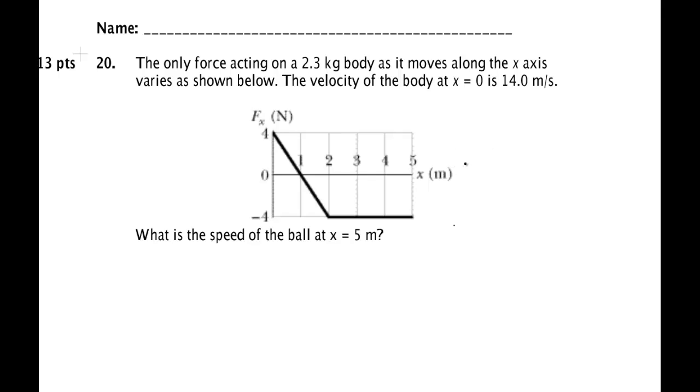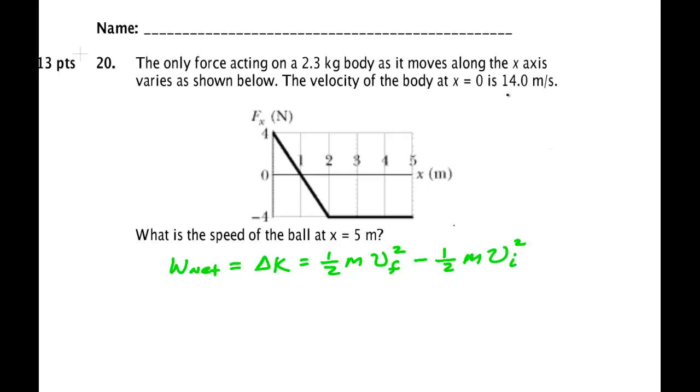So what we're looking for here is the work done, because we want to find the speed of the ball. We know that the net work done on an object is the change in the kinetic energy, which is 1/2 the mass times the final speed squared, which is what we're looking for, minus 1/2 the mass times the initial speed squared.